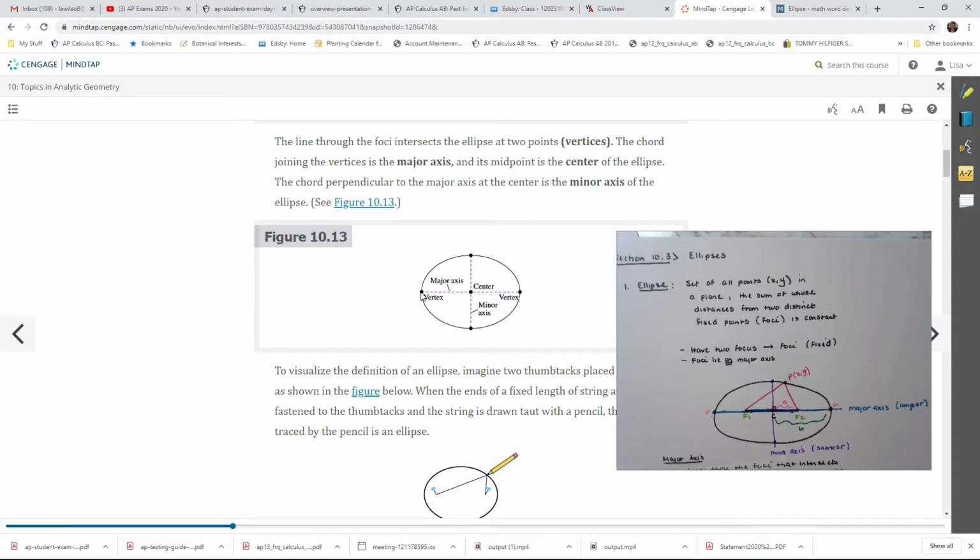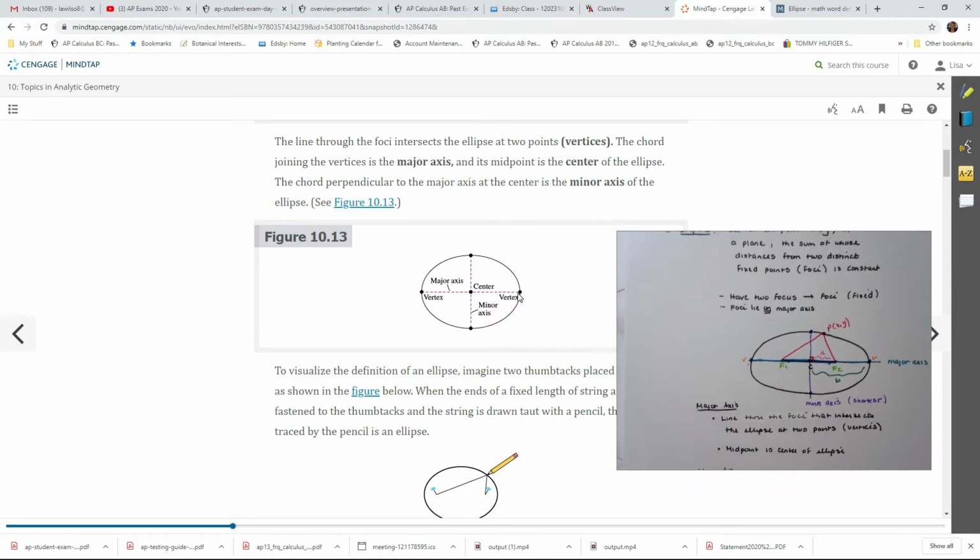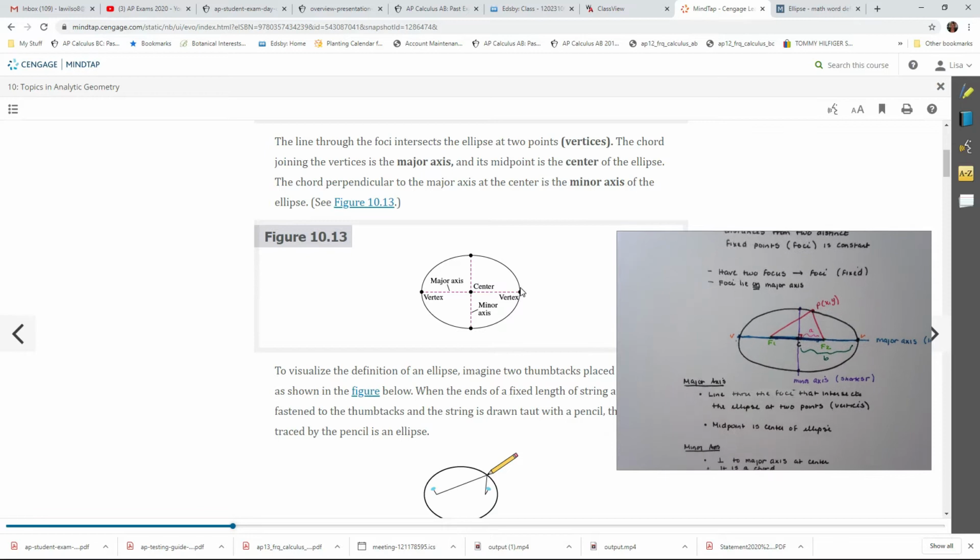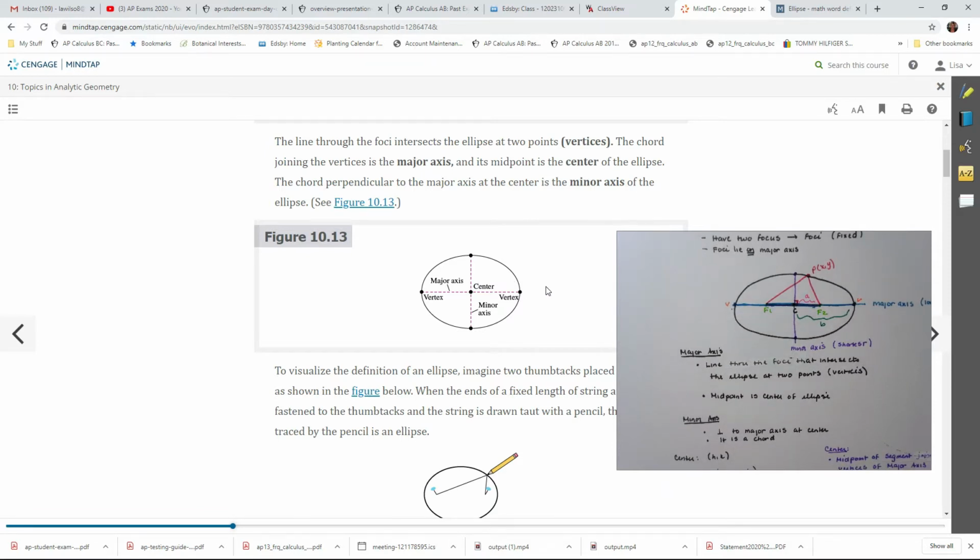So the major axis is going to be the longer of the two axes, and it's going to pass through the center. Just like the minor axis also passes through the center, but this one will be longer. So the major axis is just the longer axis. By definition, the major axis is the line through the foci that intersects the ellipse at 2 points, called vertices.